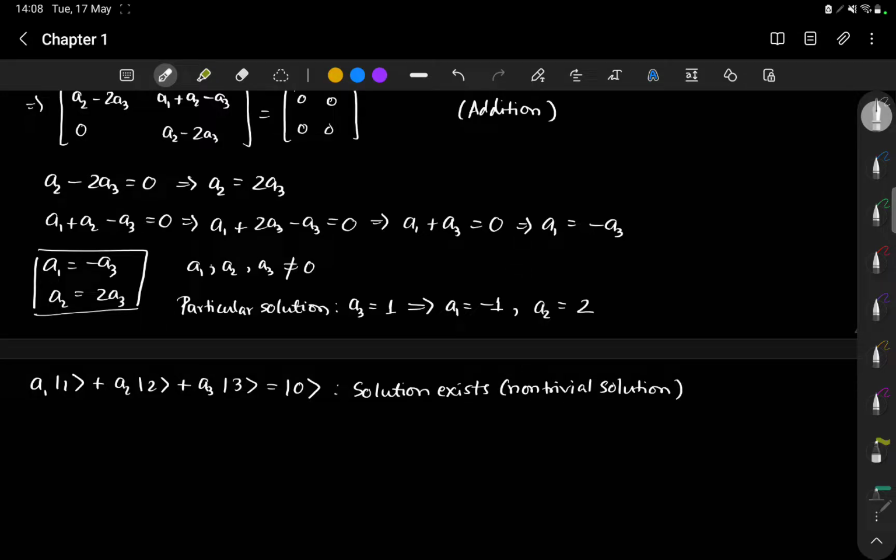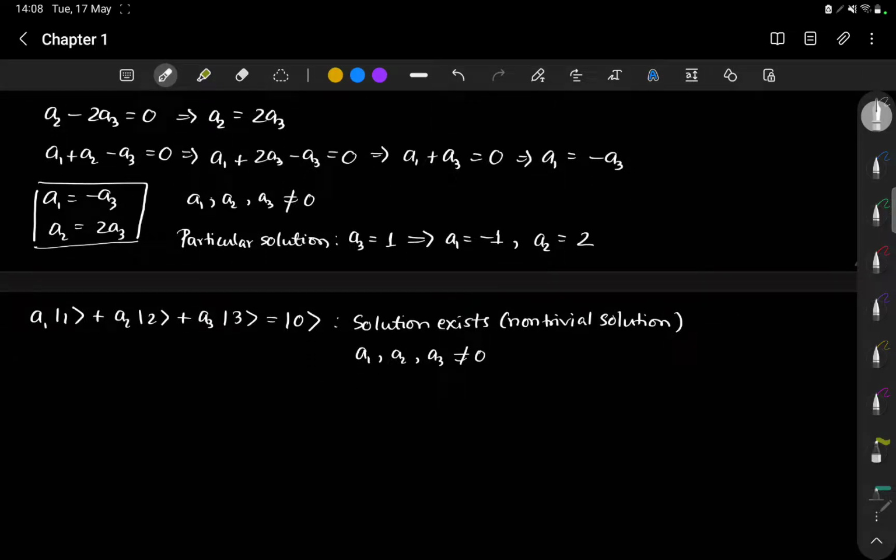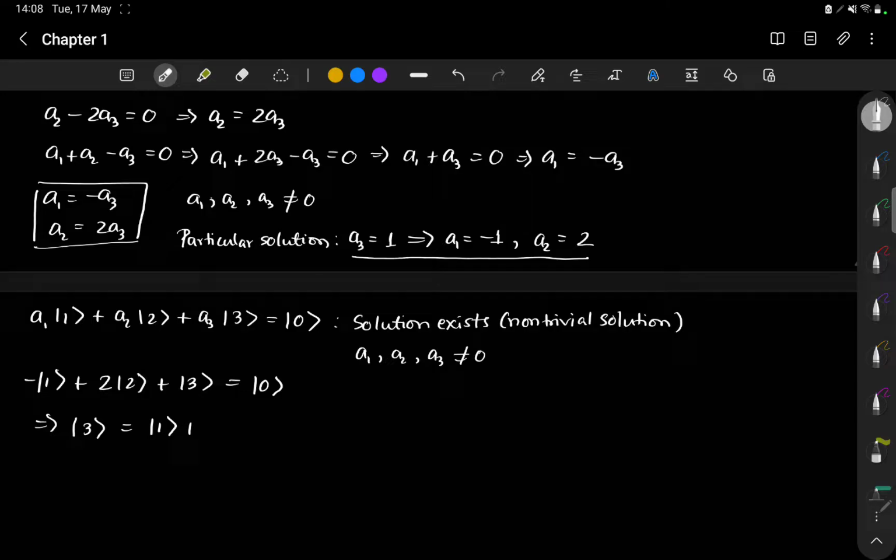Non-trivial meaning all the elements are not 0, so A1, A2, A3 not equal to 0. In particular we have seen one particular solution, which says that minus 1 times the first vector plus 2 times the second vector plus the third vector gives me the 0 vector. So we can rewrite this, then we will see that the third vector can be written in terms of the other two vectors.